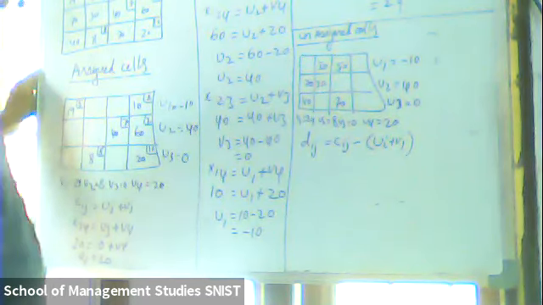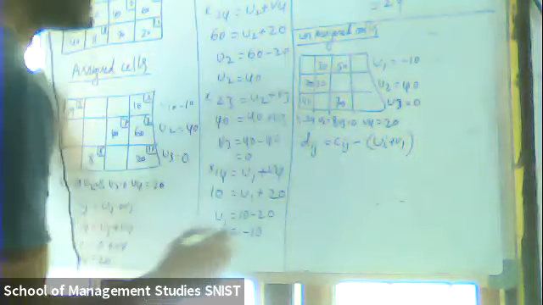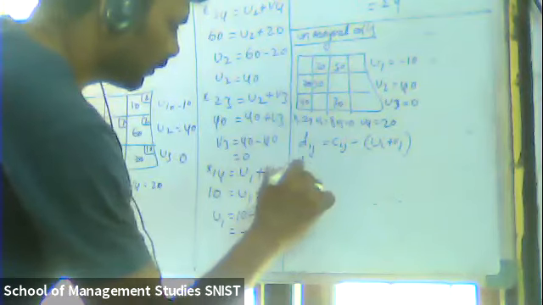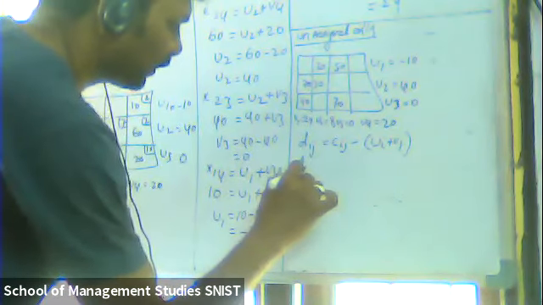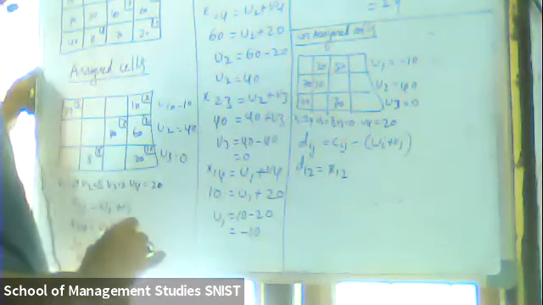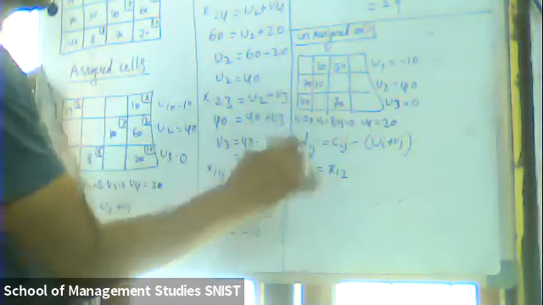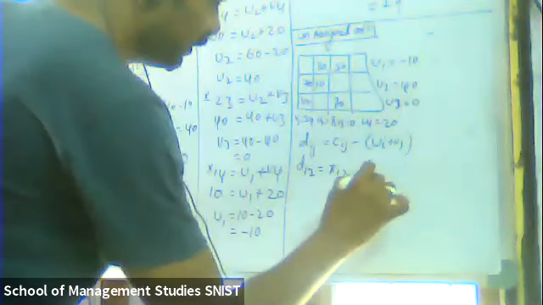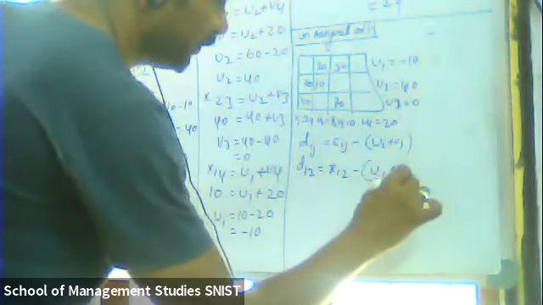Now the first one I am calculating, Dij, which is D12, equals C12, which is x12, minus (U1 plus V2).